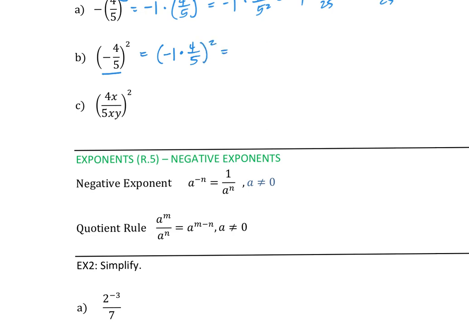So since I have a product, I can distribute that square to each factor within the parentheses to get -1 squared times 4/5 squared. So the -1 squared is simply 1, and then the 4/5 squared would give us 16/25. So in the first example, the negative stayed. Second, the negative was gone. So just be careful with the use of negatives and parentheses.